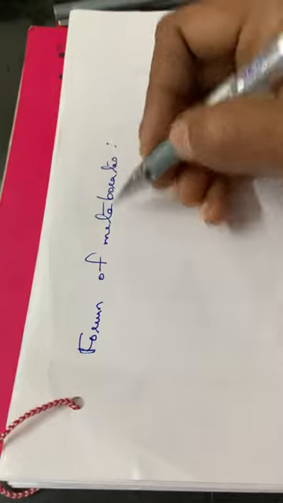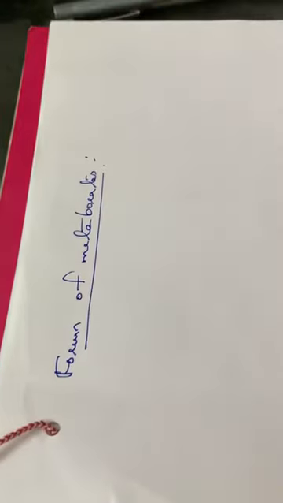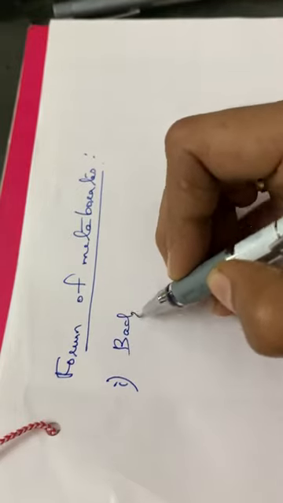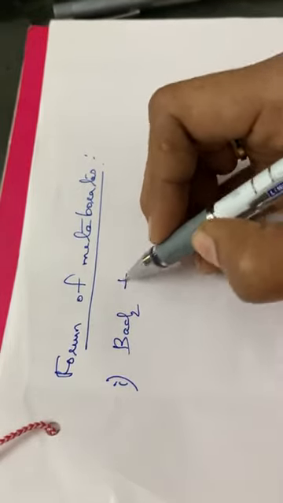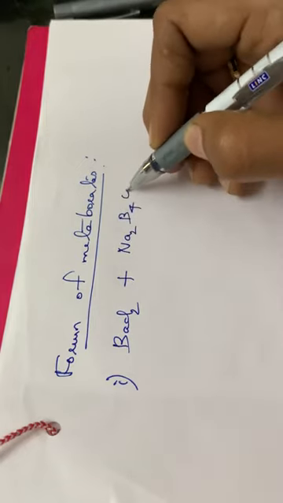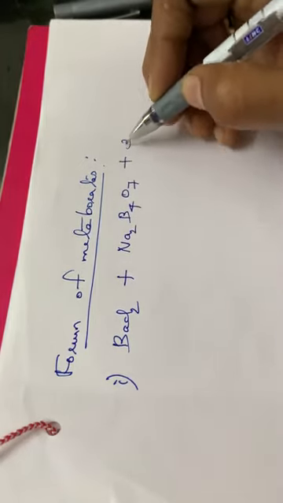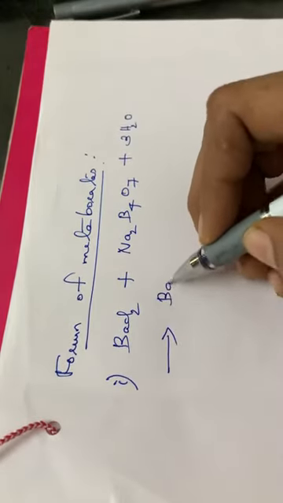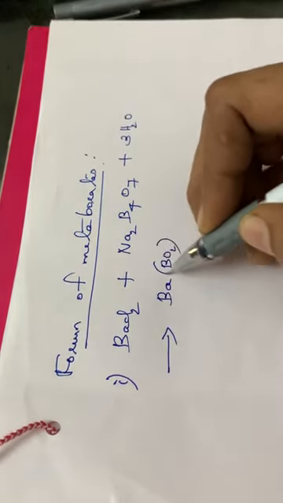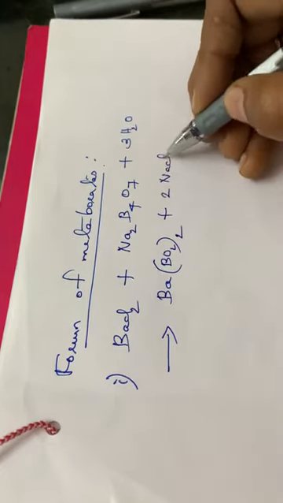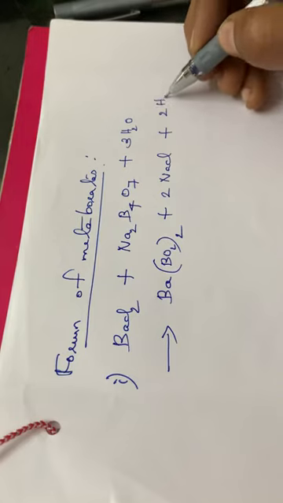Formation of metaborates. First reaction, barium chloride. Some reactions you have to go through. Barium chloride plus Na2B4O7 plus 3H2O, giving barium borate, Ba(BO2)2, plus 2NaCl plus 2H3BO3.